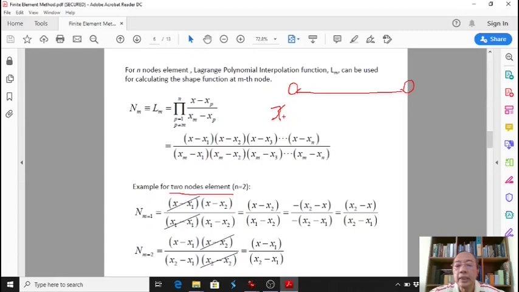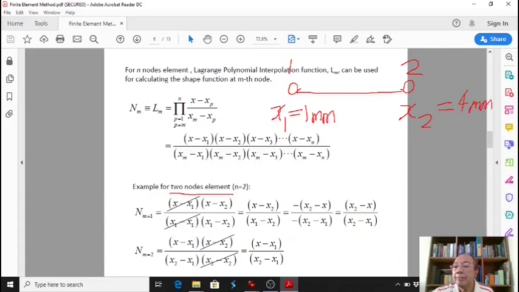Okay, so let's consider if x1 equal to 1 m. Okay, if we put the number here, so this is node 1 and this is node 2. So x2 here is, for example, 4.